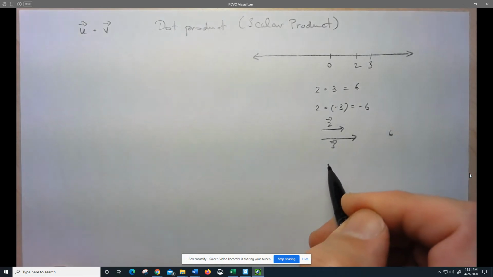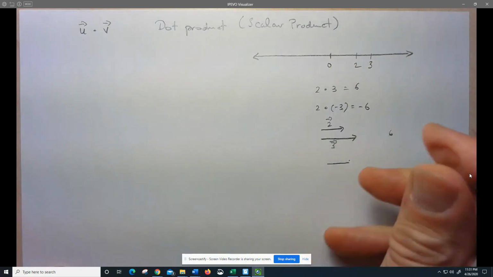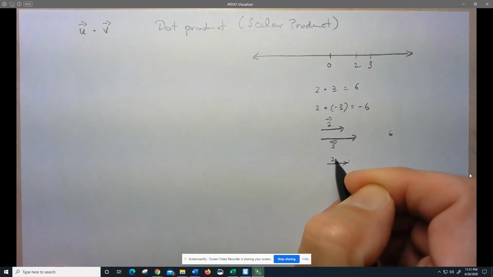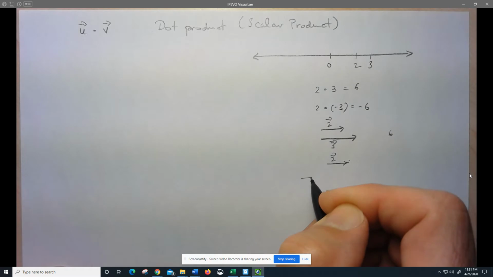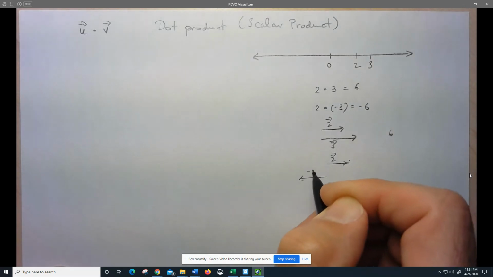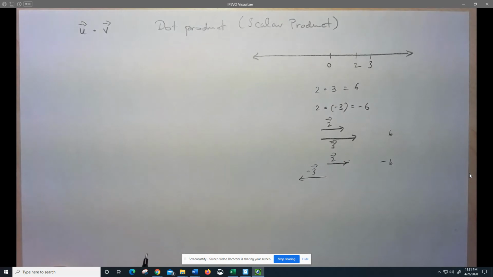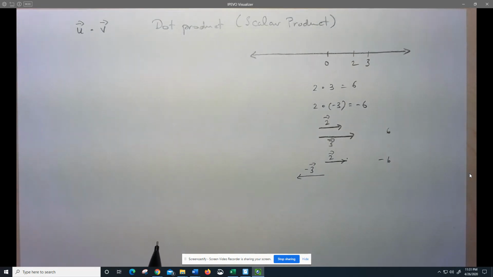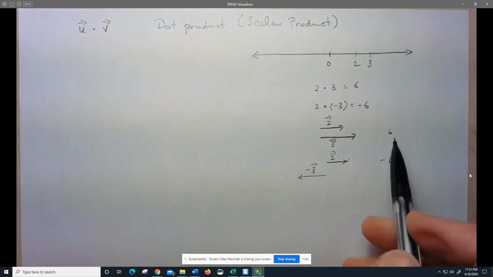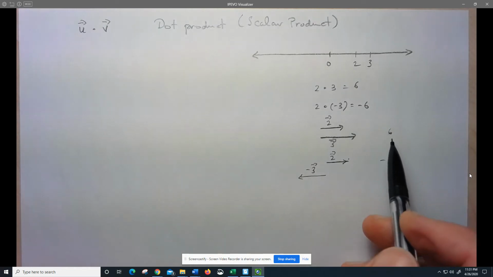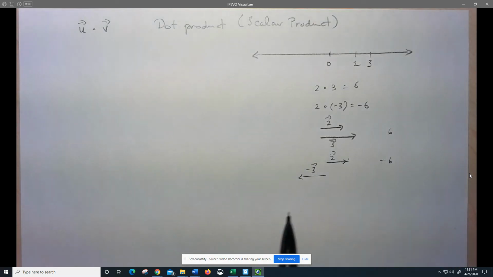Whereas if I take 2 and multiply it by negative 3, I expect to get negative 6 as my final result. Now, by the way, if you're asking yourself why I am not putting vector symbols here, well, you'll see in a second.